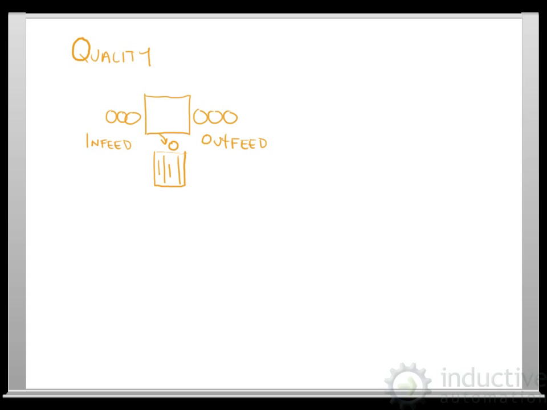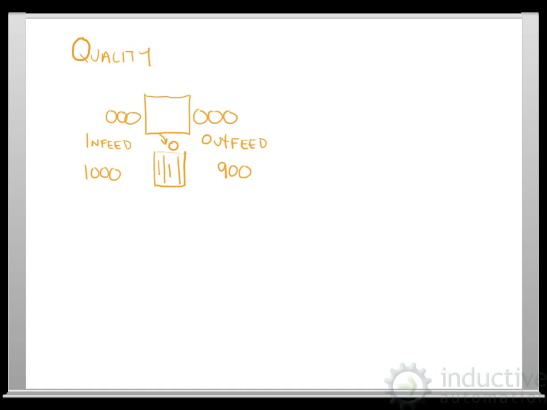So if we started 1,000 units and we only saw 900 out the feed, then that means we have 100 in the trash. Now again, this is just the basic concept.